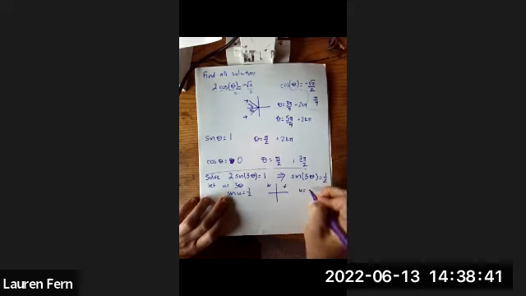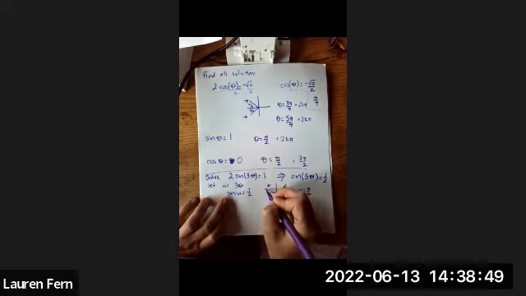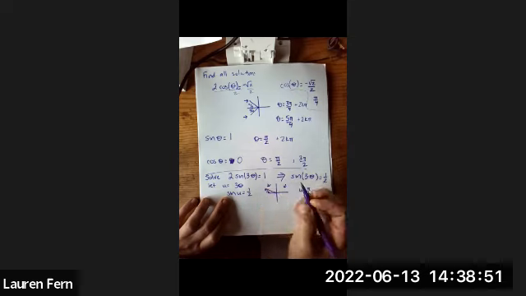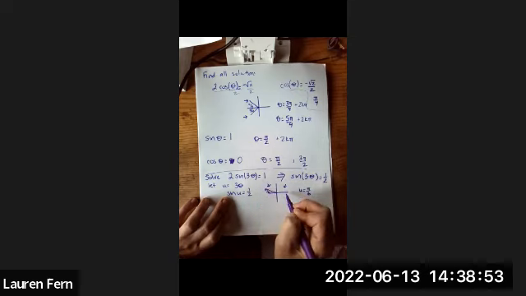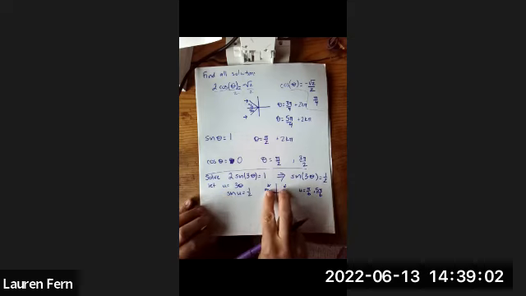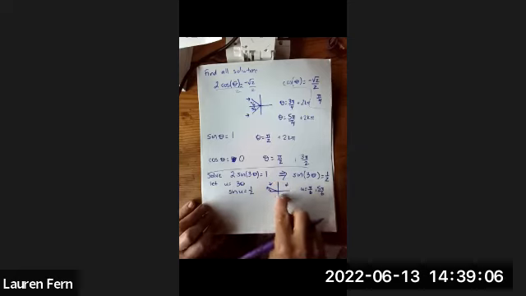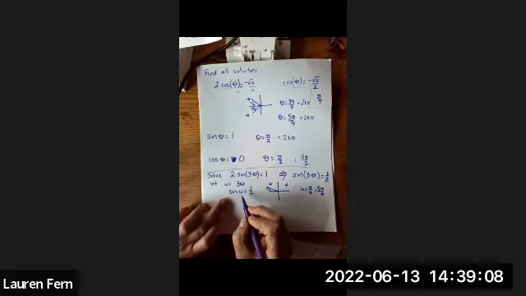So in my first quadrant, I know that the sine of pi over 6 is equal to 1/2. In my second quadrant, pi over 6 becomes my reference angle, and 6 pi over 6 minus pi over 6 is 5 pi over 6. So those are my 2 solutions within just one revolution, okay?